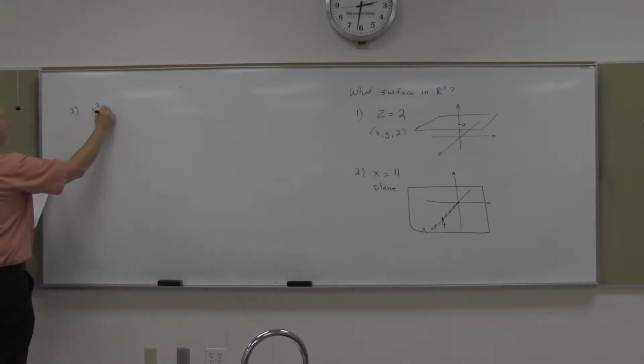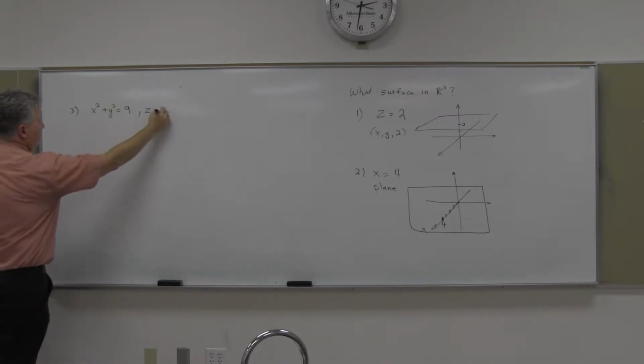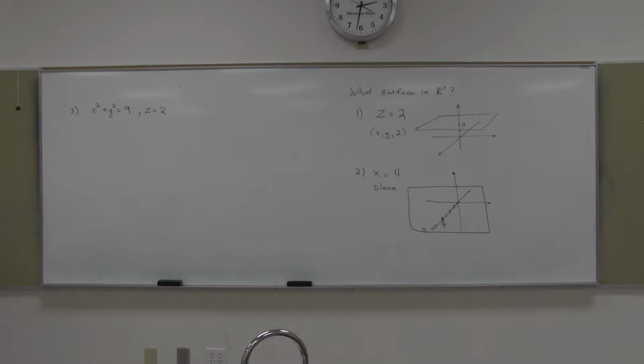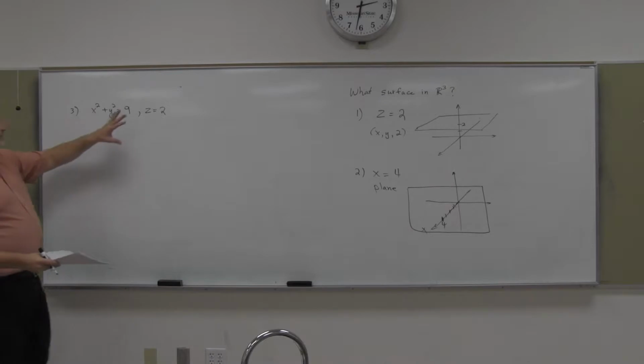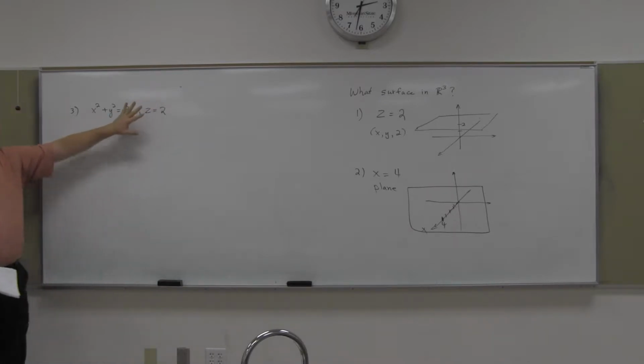All right, so let's say we've got x squared plus y squared equals 9, and we've also got another part of it, z equals 2. So x squared plus y squared equals 9, and then z equals 2. Sometimes it does help to start with what it would look like in just 2 dimensions.